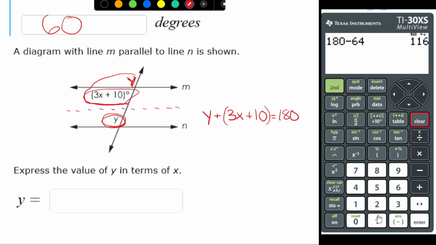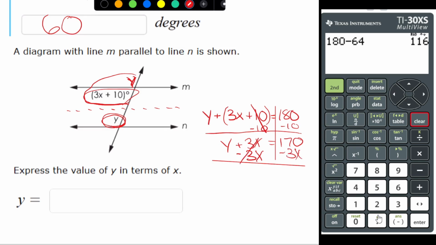So now, we just have to solve equations to get Y by itself. First step, we're going to move the 10 over. We move the 10 over, you get Y plus 3X equals 170, as that cancels out. And then we move the 3X over by subtracting it.